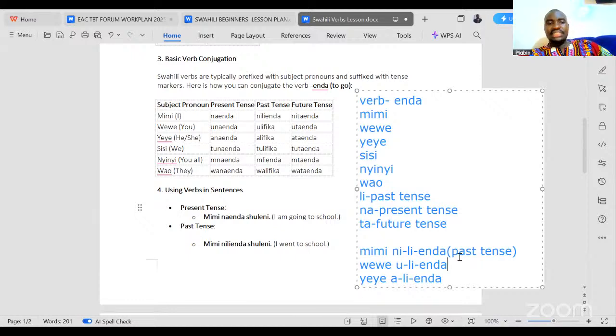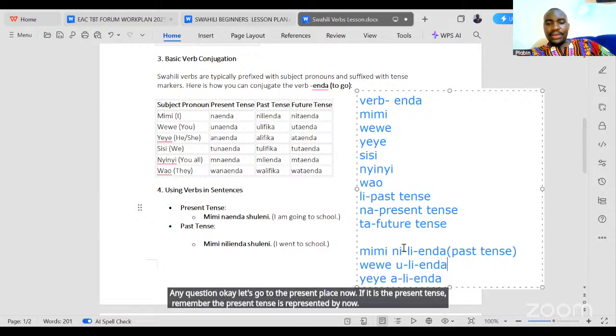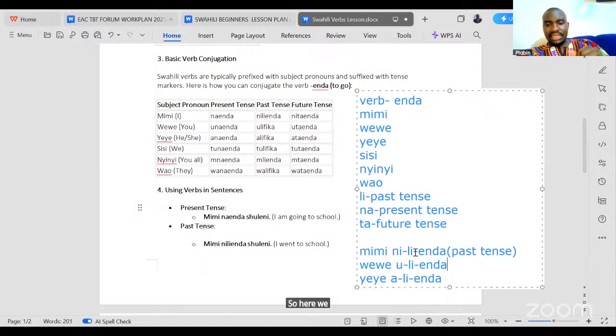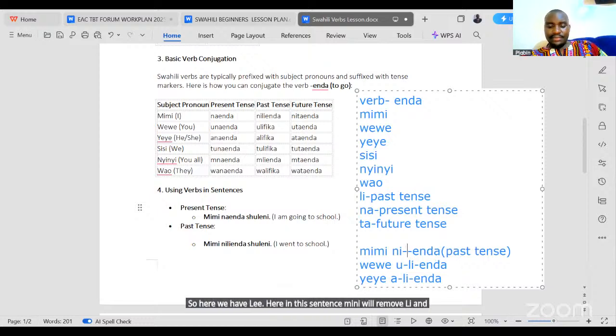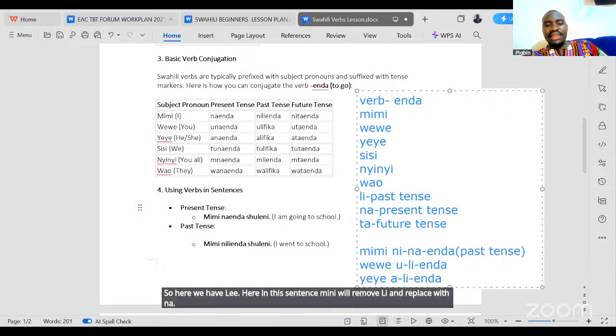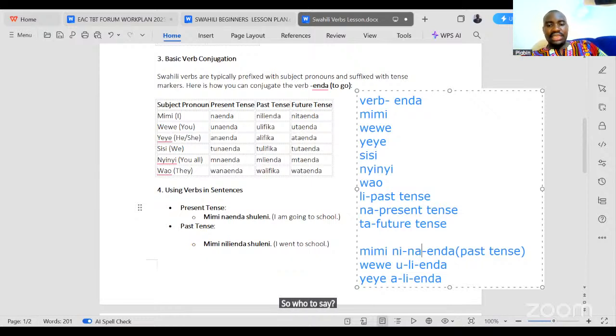If it is the present tense, remember the present tense is represented by na. So where we have li in this sentence, we'll remove li and replace it with na. So we'll say mimi ninaenda, or you just say ninaenda, or you can just say naenda. All are okay. You can just say naenda as it is in the chat here.